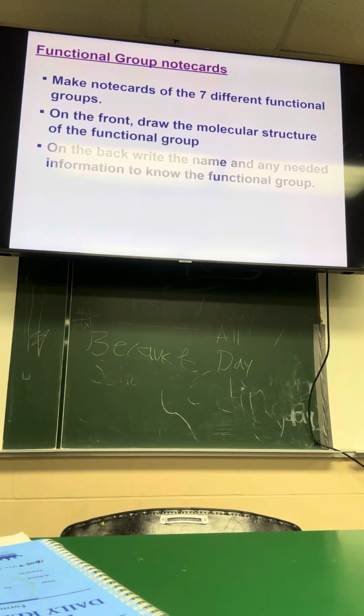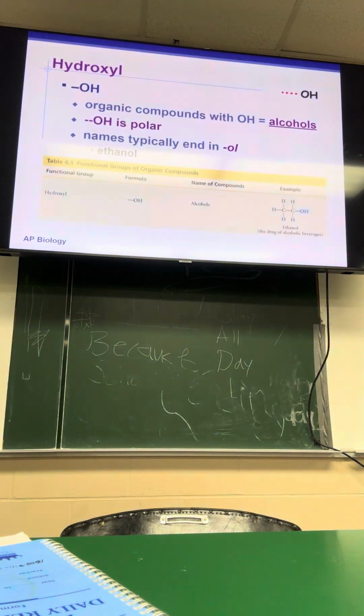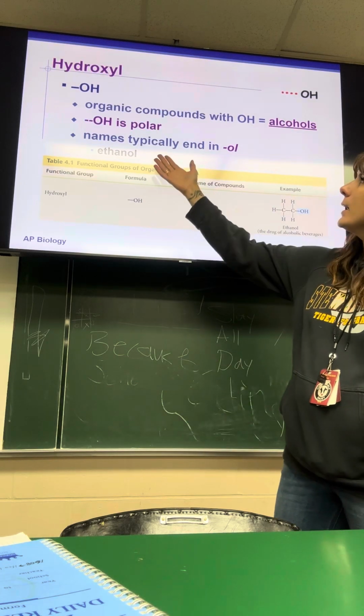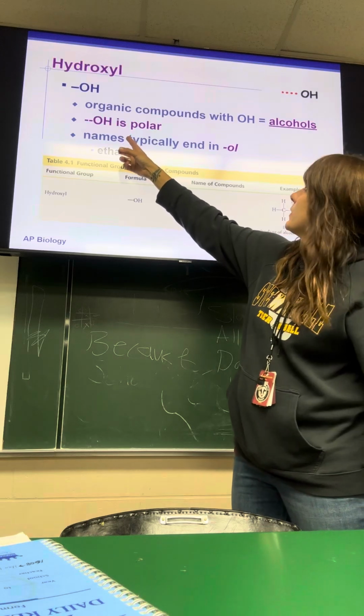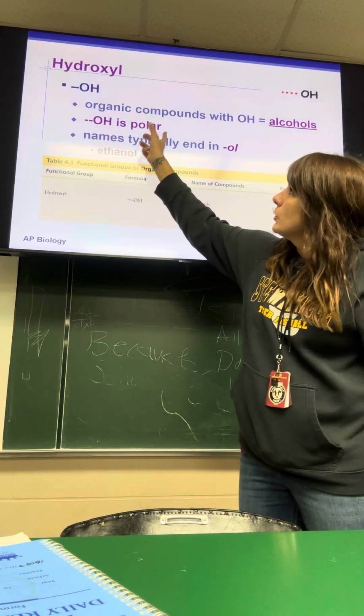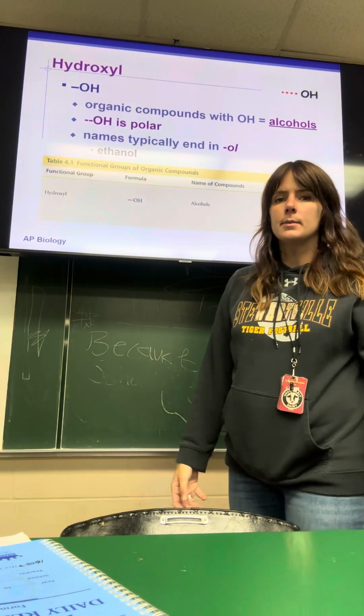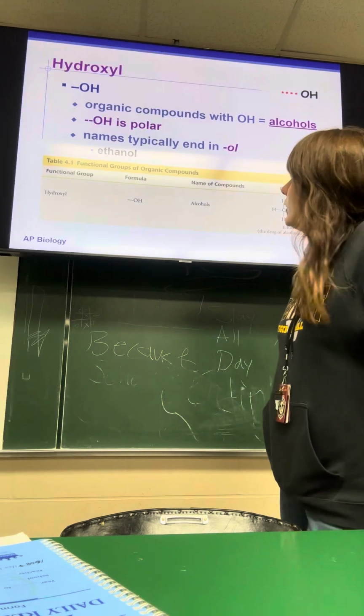Okay, so those were the 7 different structures that you were looking at. And when we're looking at these, hydroxyl is one of them. The big thing is an OH off of there. It is polar, and if it's polar, it's going to be soluble with water.